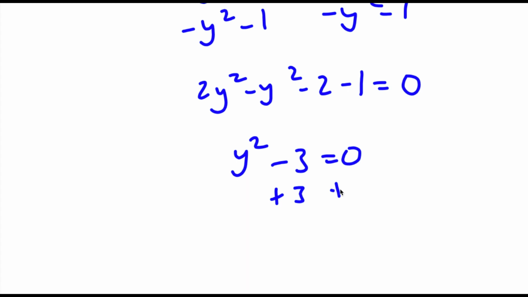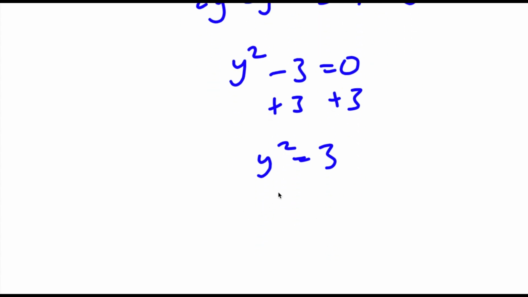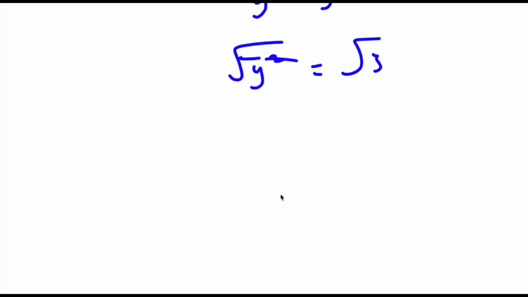Now if I add 3 on both sides, I get y squared is equal to 3. Now, to cancel this out, I'm going to be taking the square root on both sides. So then these two cancel out. Now I'll be left with y is equal to plus or minus the square root of 3.